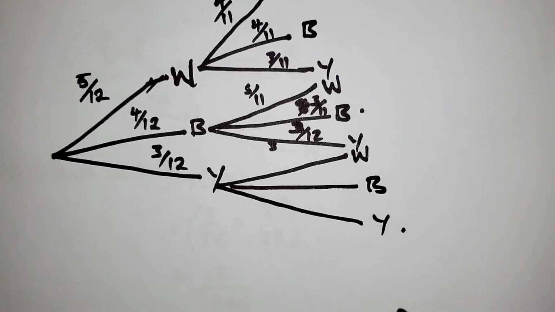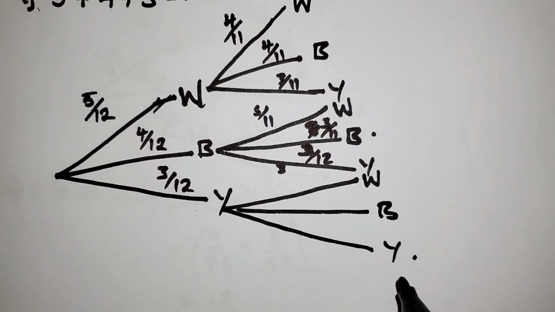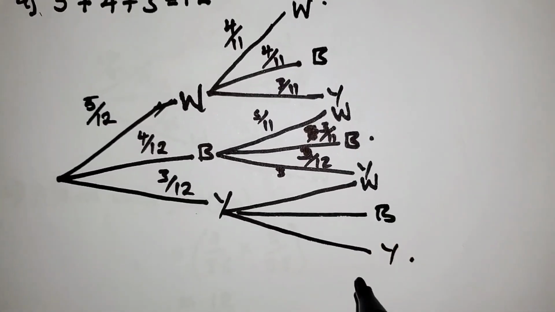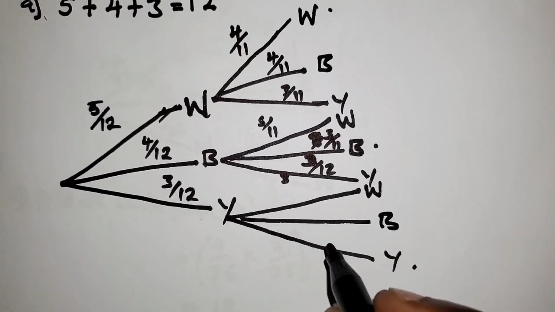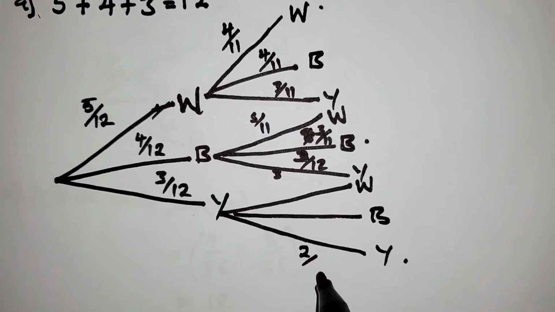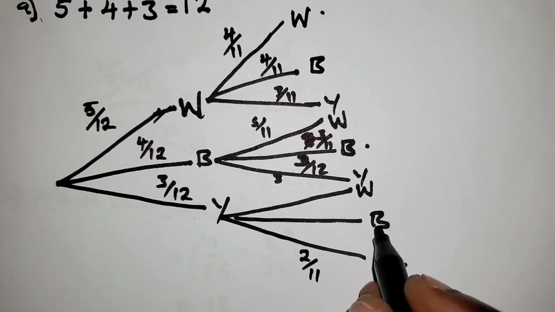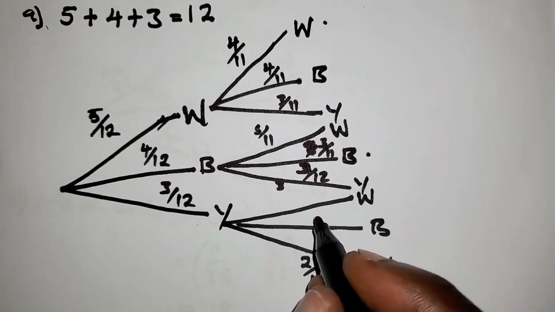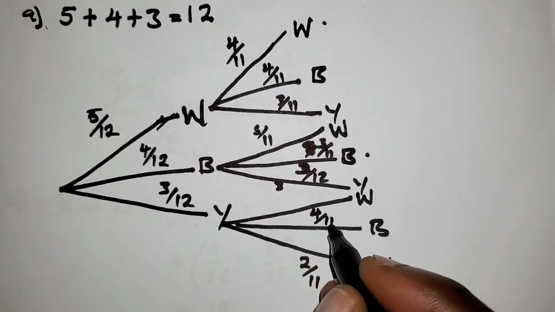Then the last branch here, we're going to start with yellow so that we don't get confused with these other colors. Yellow, we're going to subtract 1, so we're going to remain with 2 over 11. Blue, we're going to maintain as 4 over 11.